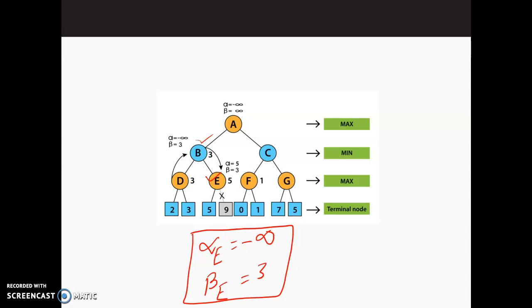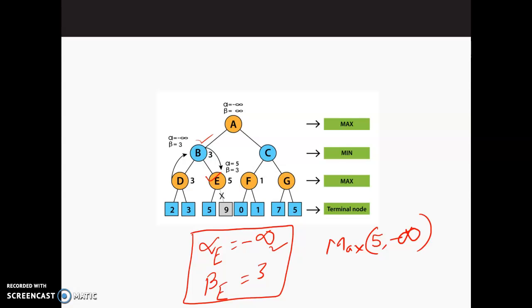Now here max player will take the move. So max value, so 5 will be compared with minus infinite. So when we compare 5 with minus infinite, what do we get?